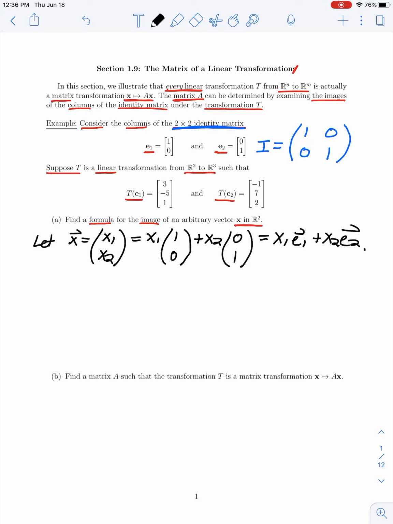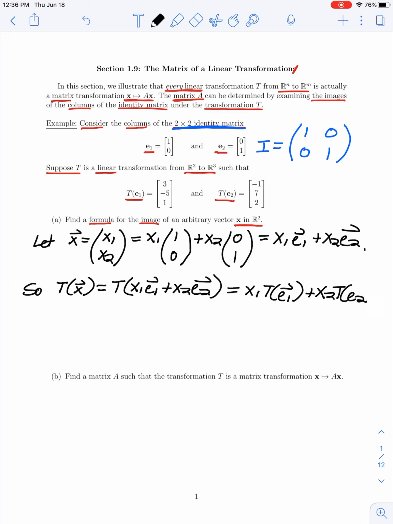So if we want to find the image of that arbitrary vector x, well, x, we just said, can be written as a linear combination x1 e1 plus x2 e2. But T, we were told here, is a linear transformation. So because T is linear, T of this linear combination of vectors is the same as x1 times T of e1 plus x2 times T of e2.